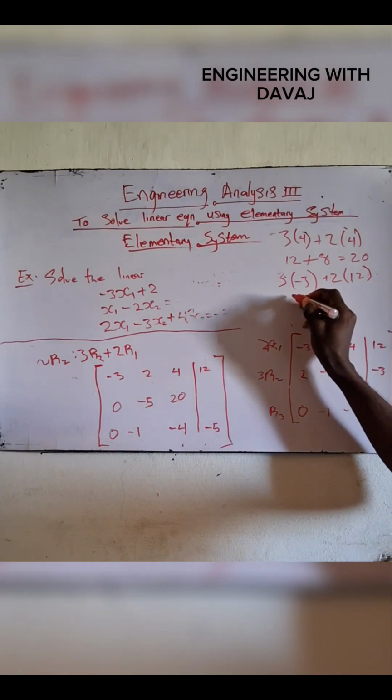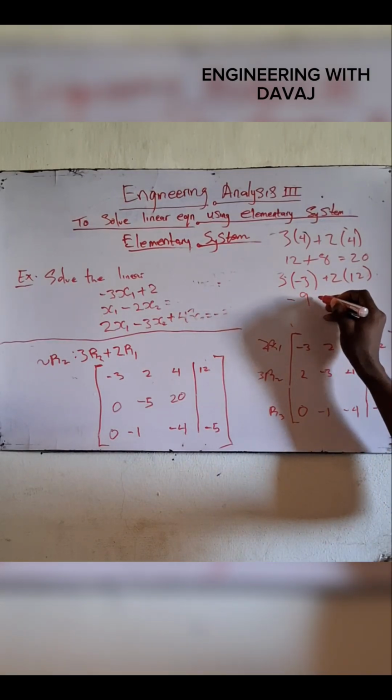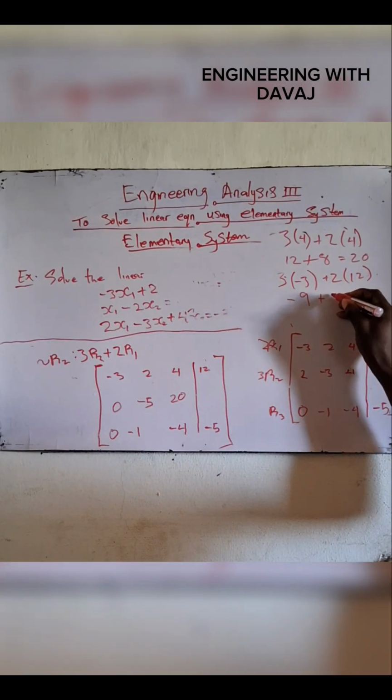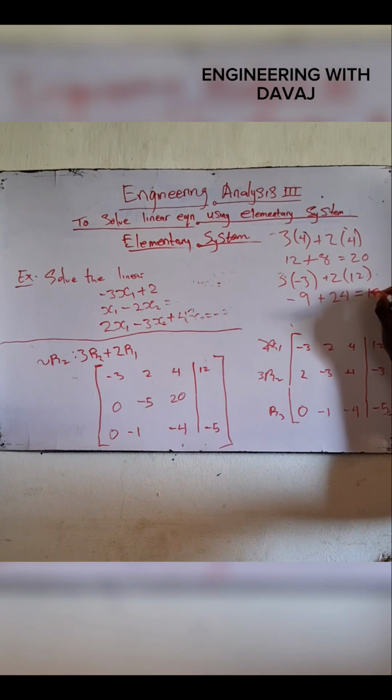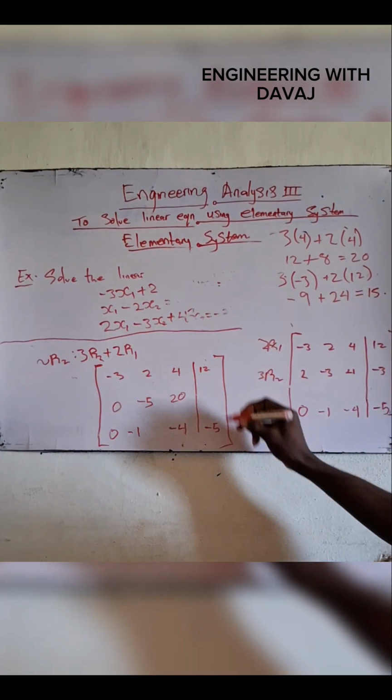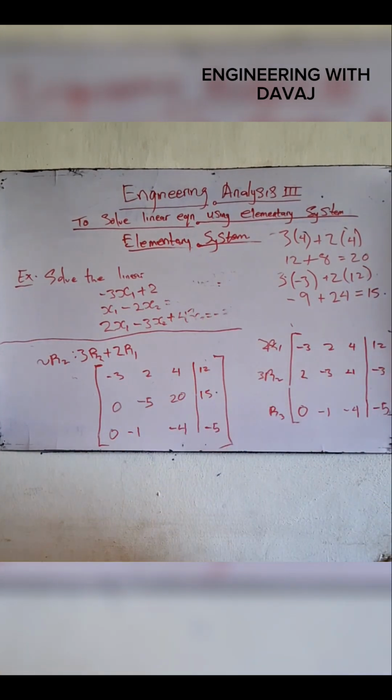That's 3 times 3 is minus 9. Minus 9 plus 12 times 2 is 24. So minus 9 plus 24, I think that should be 15. So I have 15 here.